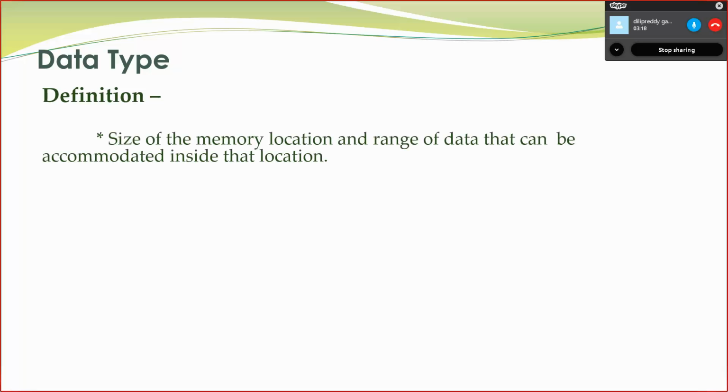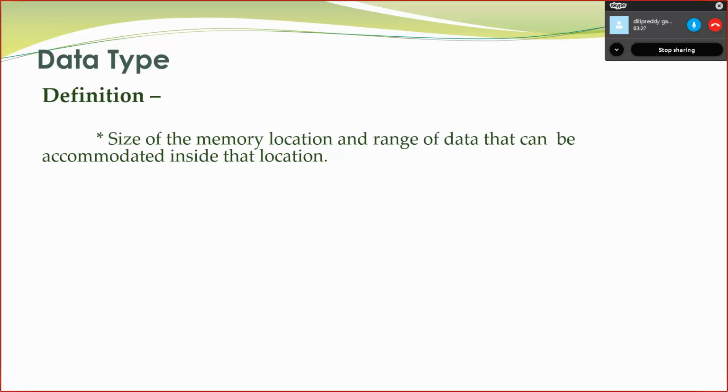So, whenever we define our data types, they determine the size of the memory location and the range of data that can be stored inside the data type variables. Suppose you want to do an addition operation.